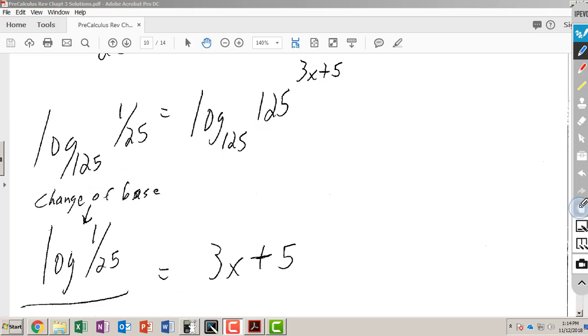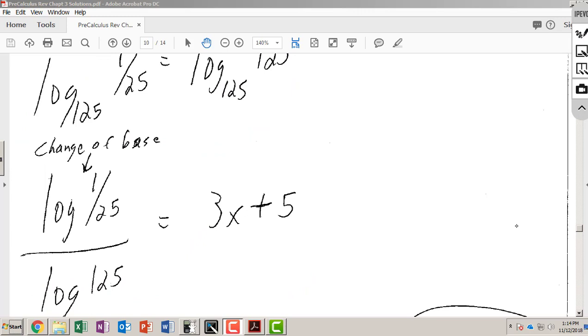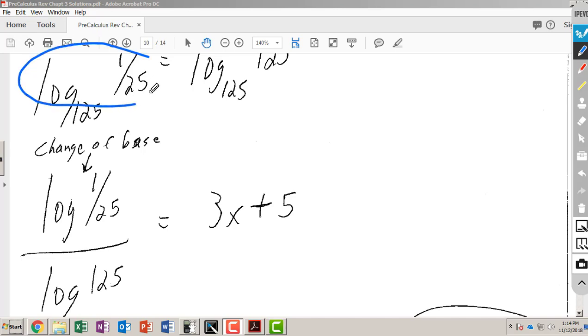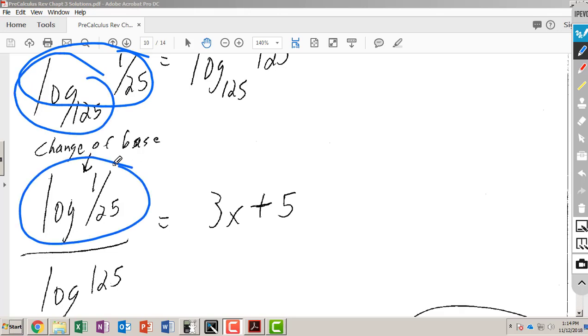So I'm going to go ahead and use my change of base formula. My change of base formula just says that I need to take the log of 1/25 all over the log of 125. So here's your change of base formula. You're just going to want to go ahead and use your calculator.